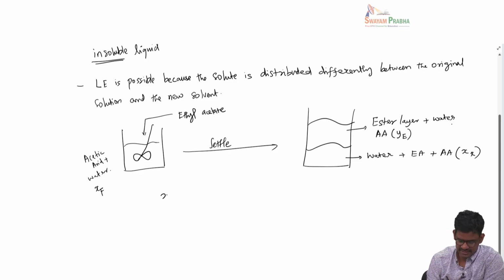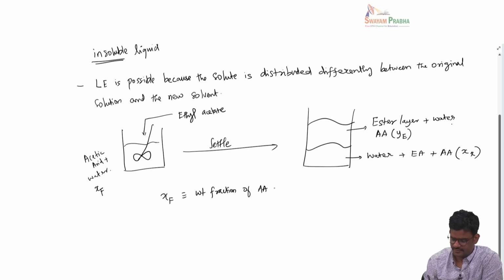Okay. So XF is a mole fraction or weight fraction, maybe let us use weight fraction, it does not matter, weight fraction of acetic acid in the original solution. So this is before we add the ethyl acetate.